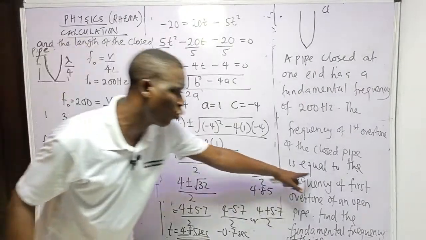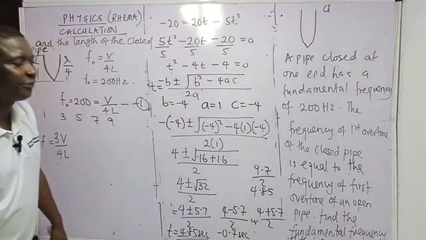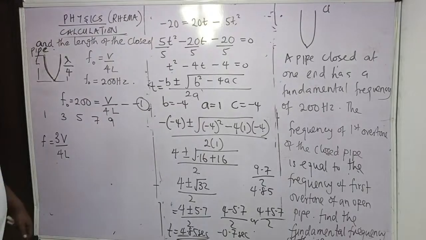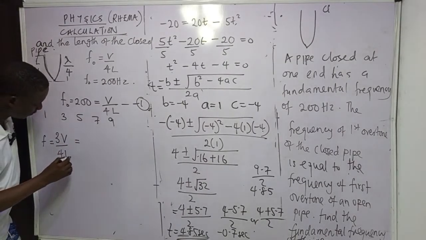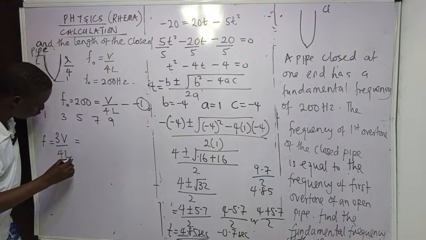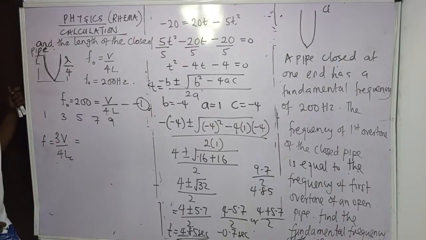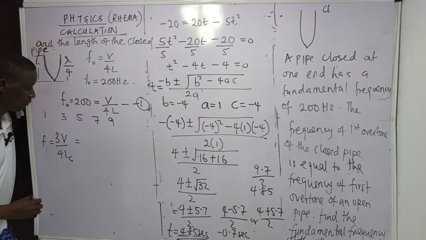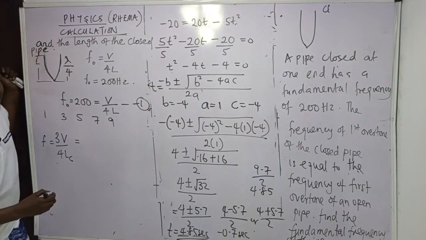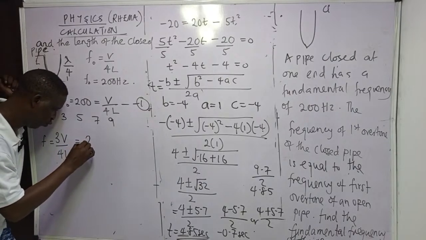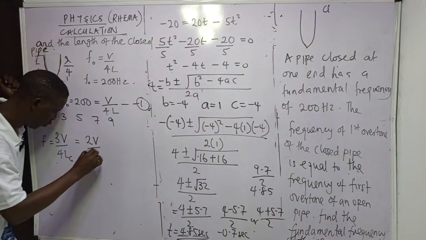And then that is equal to the first overtone of the open pipe. Let's say the length of the closed pipe is L subscript C. Then it is equal to the first overtone of the open pipe, which is 2V over 2L.